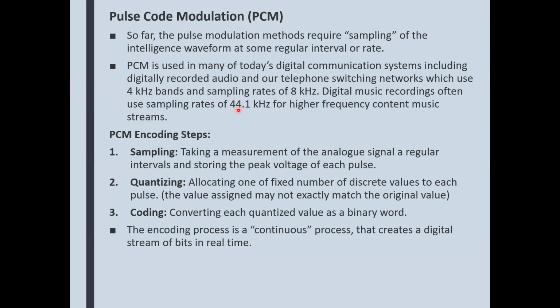Well, in order to recreate all the frequencies present, we've got to sample at a rate that is twice the highest frequency that we care to transmit. And look, 44.1 kilohertz. If you want, look up what the other sampling rates are when it comes to MP3.